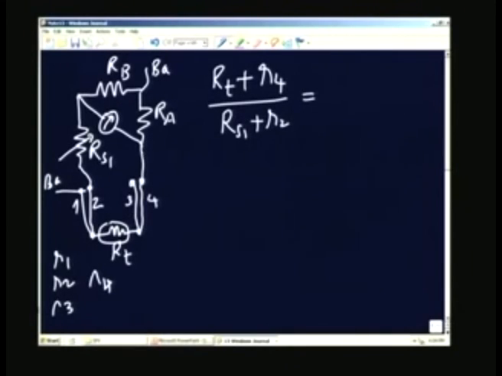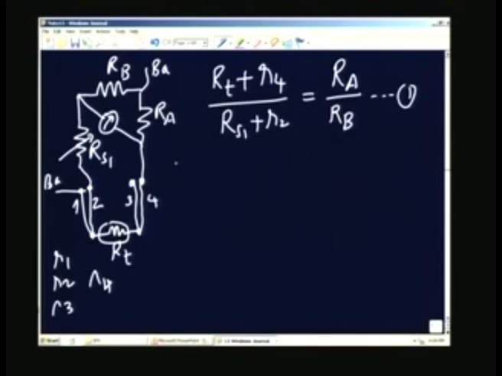Okay. So, I have taken this resistance, the ratio of these two must be the same as RA by RB. RA by RB equal to this resistance divided by this resistance. Okay. We will call this equation number 1.